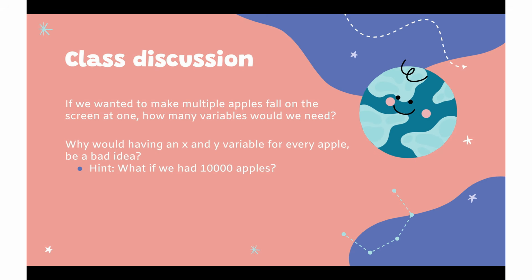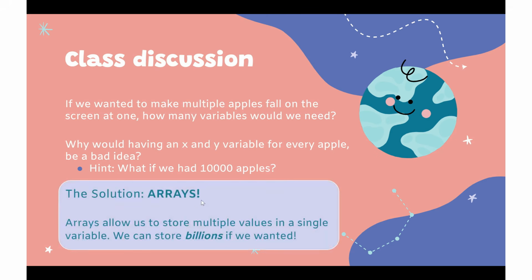Hint, what if we had 10,000 apples? Yes. You see, if we had 10,000 apples, then that means that we would need 20,000 different variables, which would not be good. So instead, we can use arrays.